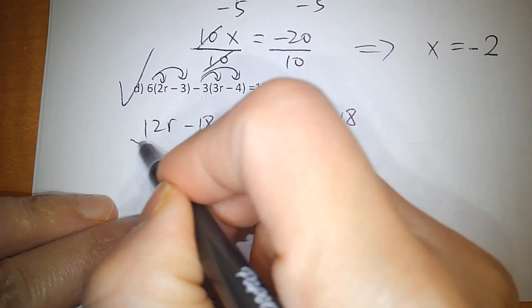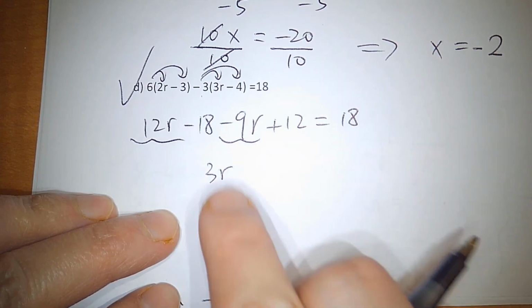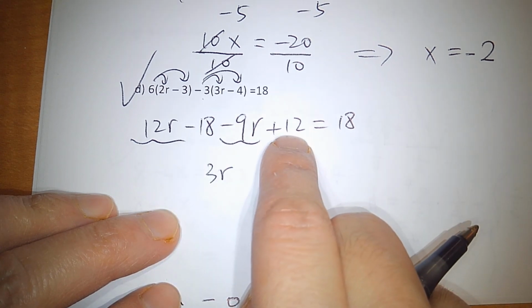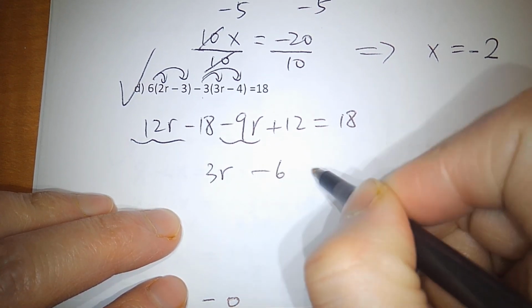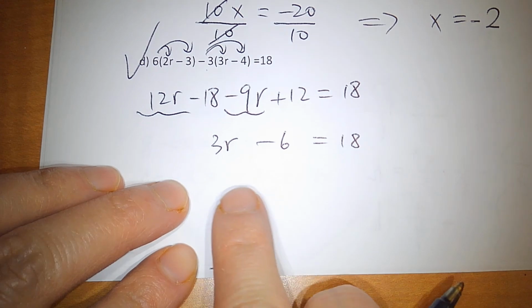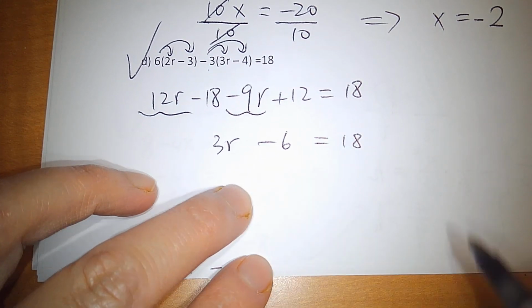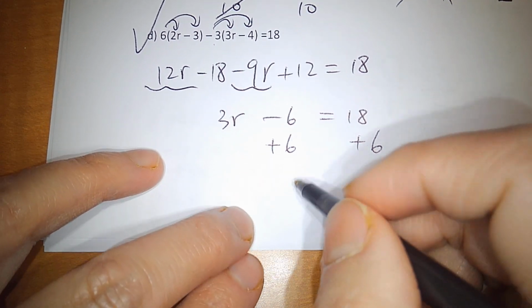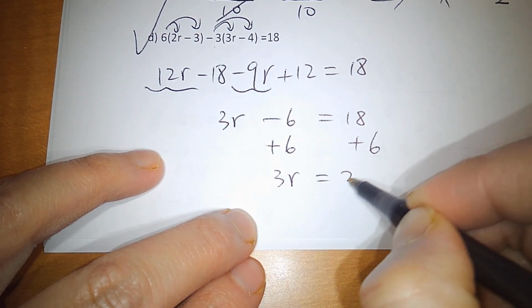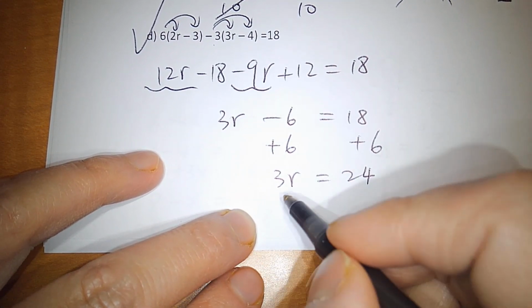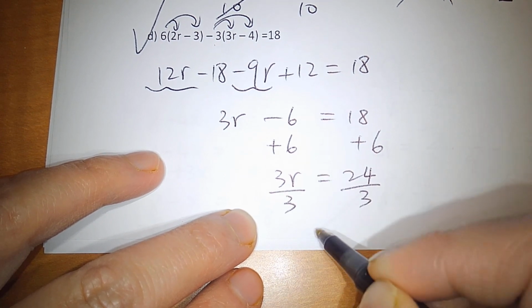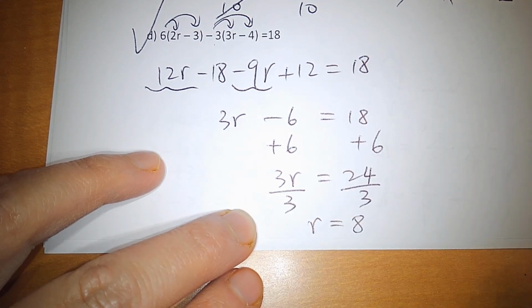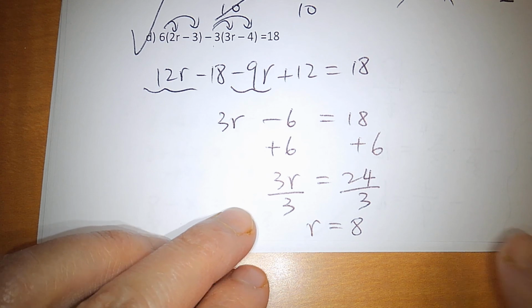Yeah. So, like terms, 3r, -18 plus 12, -6. How to get rid of the -6? So 3r equals what? Right? And then divide by 3, r equals what? 8. Who got this question correct?